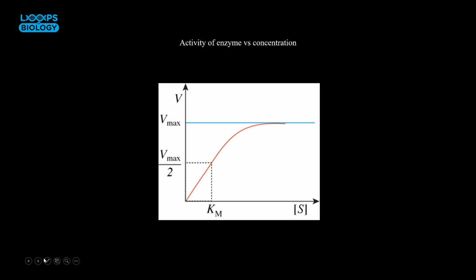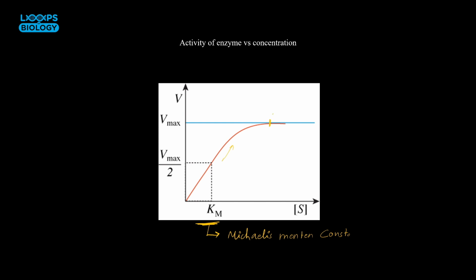Alright guys, let's move on to the effect of some factors on enzymes. If I'm talking about the activity of enzyme versus concentration graph, you can see here the name Km, that is the Michaelis-Menten constant. Alright, this is one of the important keys. Now what is Km? As I am increasing the substrate concentration, the activity of the enzyme is increasing till one point.